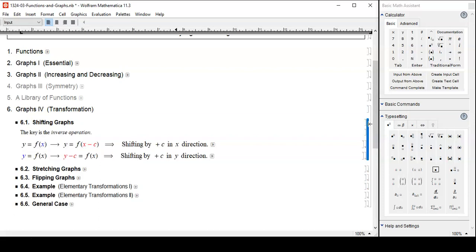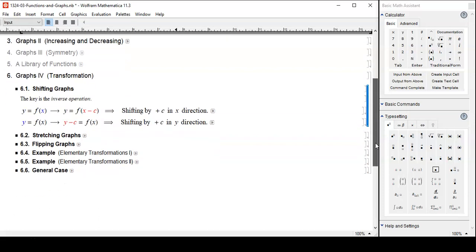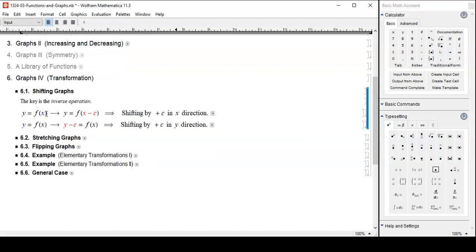Transformation. If you have a graph of y equals f of x, and replacing x by x minus c, we can shift the graph by c in x direction. If you have y equals f of x, replacing y by y minus c, we can shift the graph by c units in y direction.